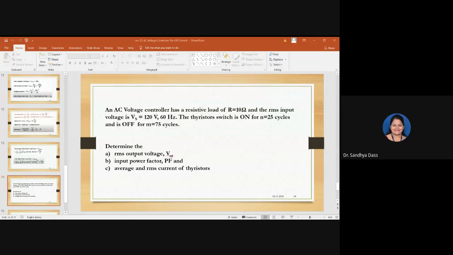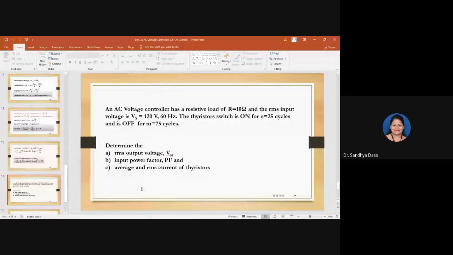What is the second part? What is asked there? The second question, input power factor. So how do you calculate the input power factor? Can anyone tell me? Okay, Abhishek, thank you. You got the answer? Yes, correct.